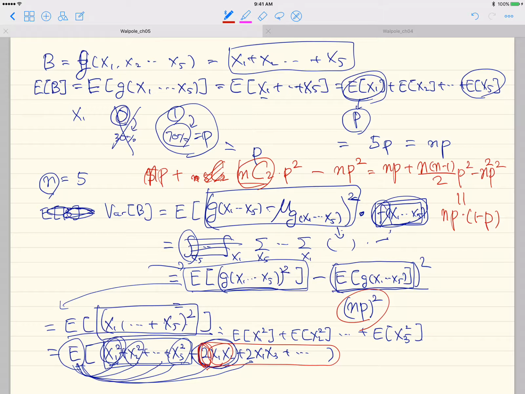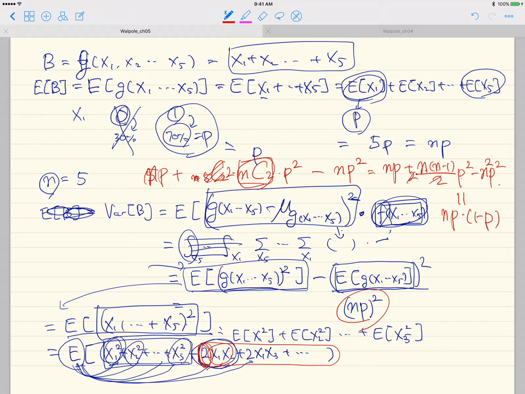So this entire number should be multiplied by 2. So we should have 2 here. Okay? So that way n squared p squared will be canceled out here.